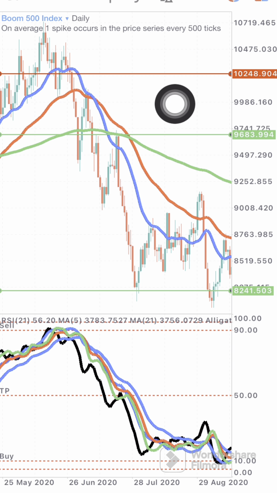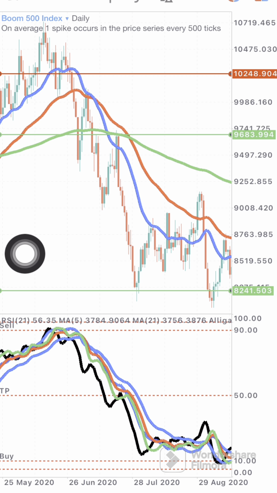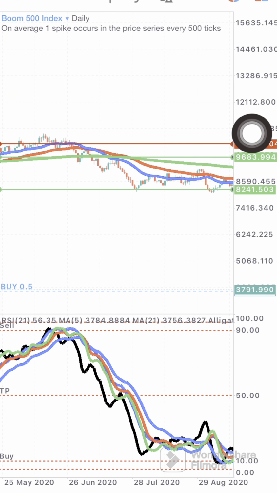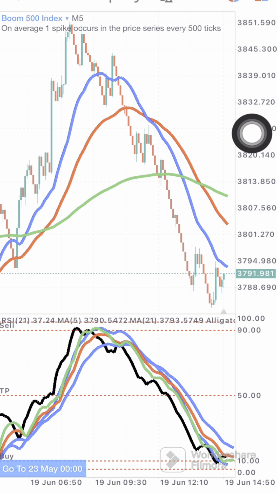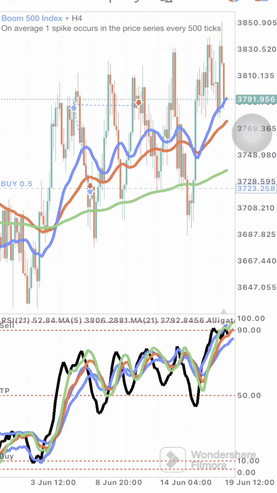So this one is 1 and this one is 2. So make sure your risk to reward, you are always risking 1 pip in order to get 2 pips back. You risk 1 pip, you get 2 pips. That is one of the most valuable aspects of trading you need to understand.